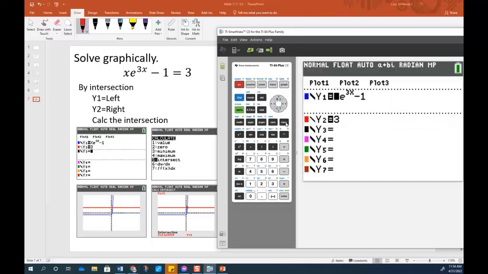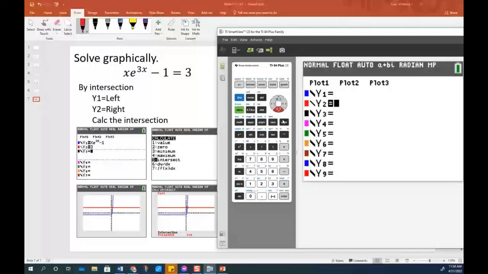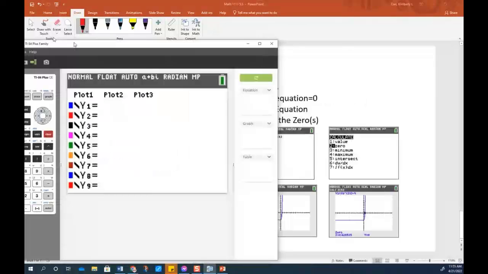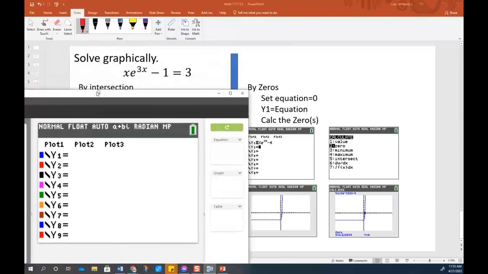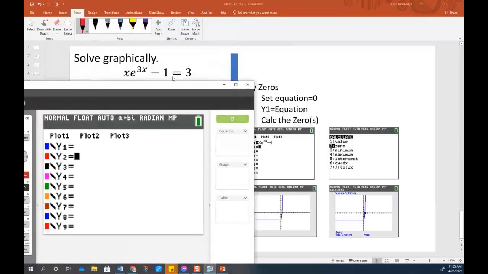The other one is very similar, but instead of using the left-hand part of the equation and the right-hand part of the equation, you set the entire equation equal to 0. So looking at this equation right here, if I set that equal to 0, I'd have to subtract 3 from both sides.